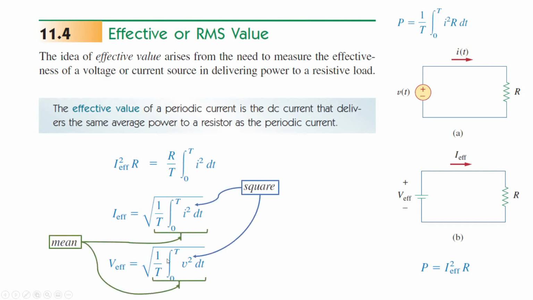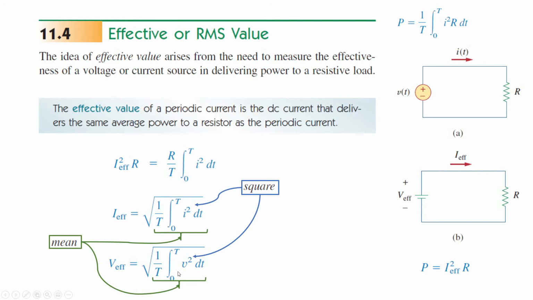Let's try to decode it. As I've already told you, the first thing that we do is take the square of the AC source. In case of current, we take the square of the current, and in case of voltage, we take the square of the voltage, and then we take the mean of the squared quantity by integrating for the interval 0 to capital T, which is the time period, and then dividing by the time period.